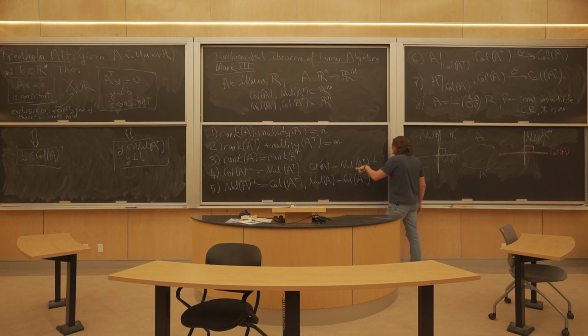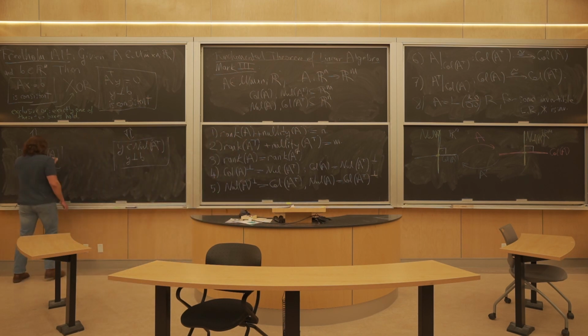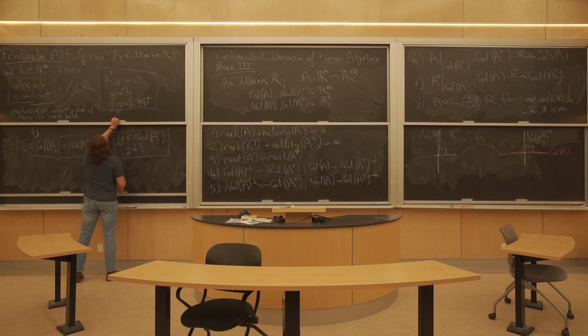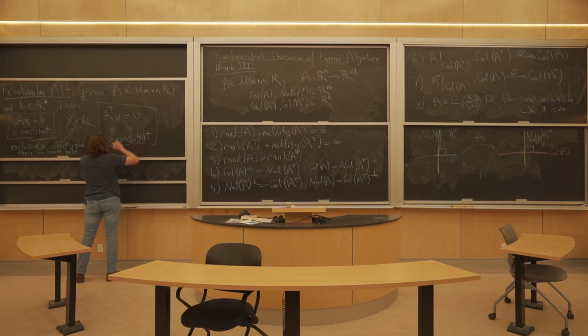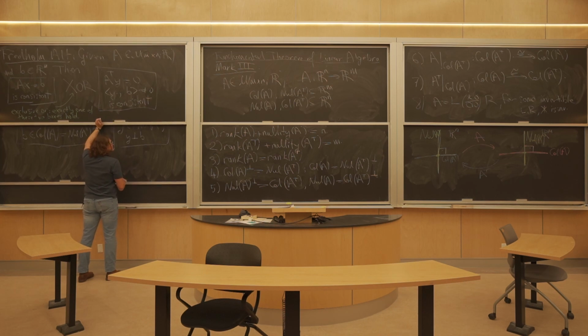So the column space of A is the same thing as the null space of A transpose perp. So let me write it like this. Not perpendicular. Then it is correct.